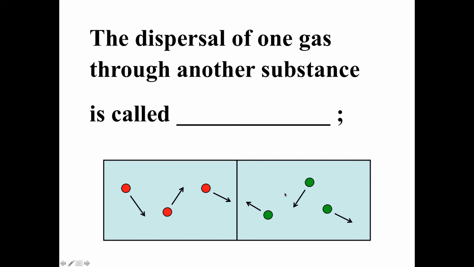Now, a new idea is when we have two gases, and here we have them in separate containers, kept apart from each other. If we open up a little hole in between the two containers, what will happen is the gases will diffuse into or through each other.